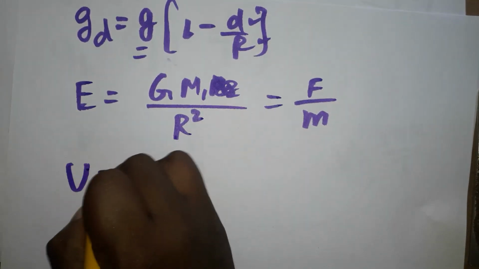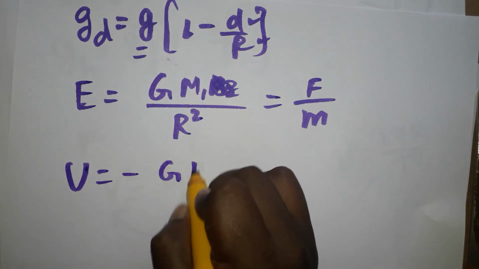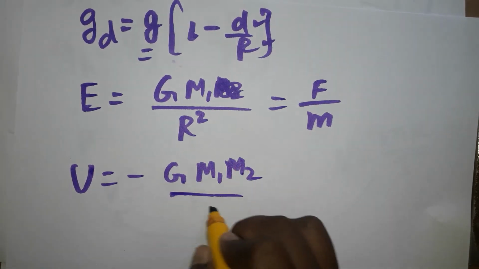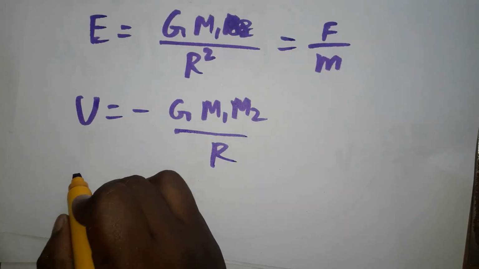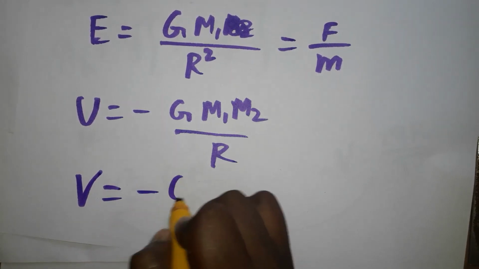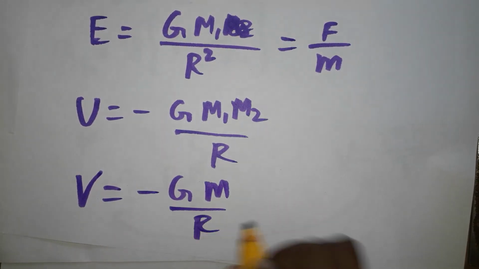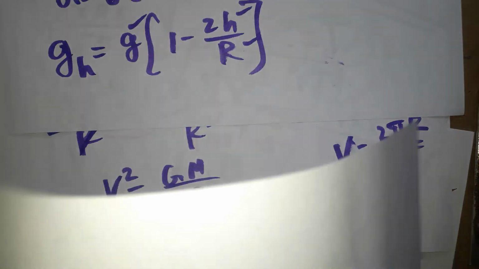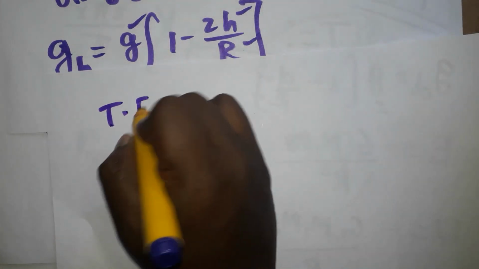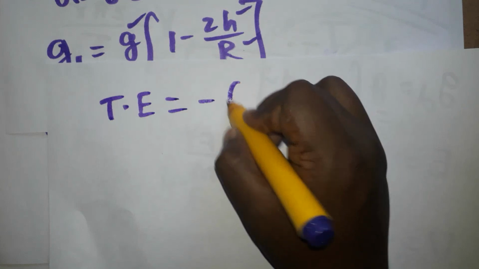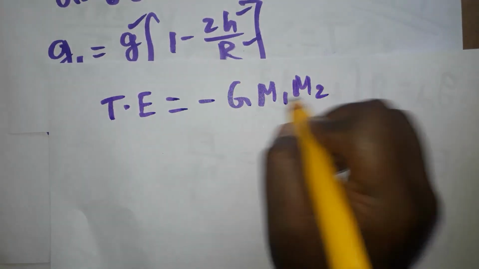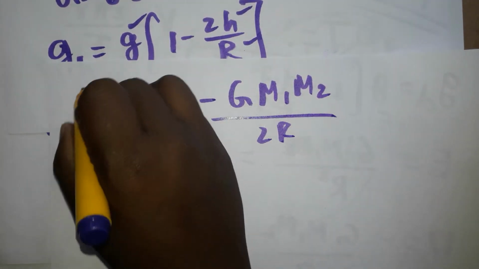Gravitational potential energy is minus G m1 m2 divided by r, and the gravitational potential V is equal to G times M divided by r. Then total energy is kinetic energy plus potential energy, which is minus G m1 m2 divided by 2r.